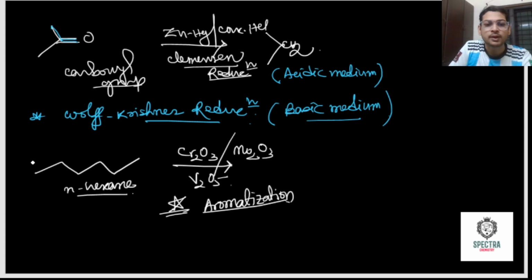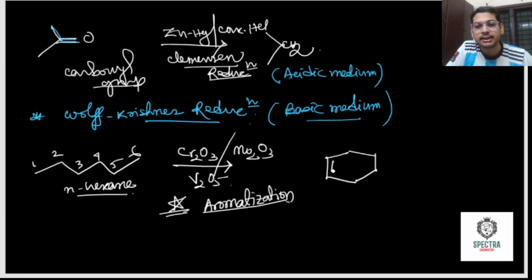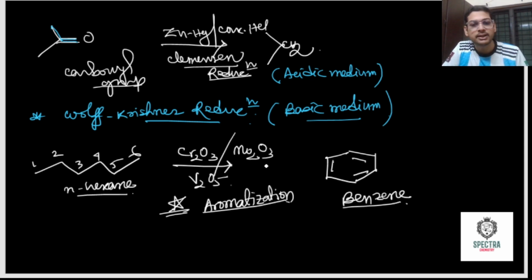What happens is that 1, 2, 3, 4, 5, 6, the 6-member chain becomes a 6-member cyclic aromatic molecule. That means you can form benzene by this reaction. That's why you are forming an aromatic ring, and that's why it's called the aromatization reaction.